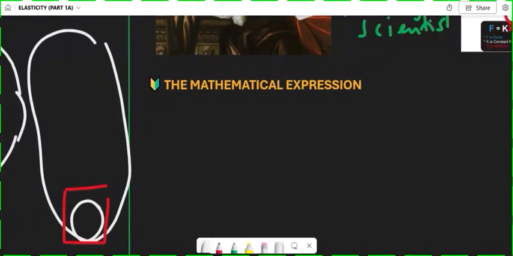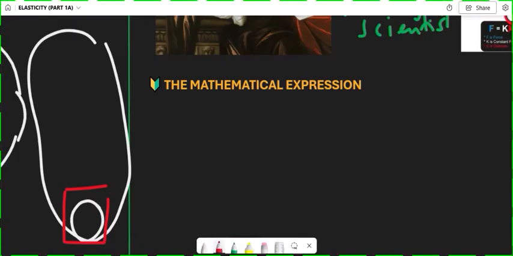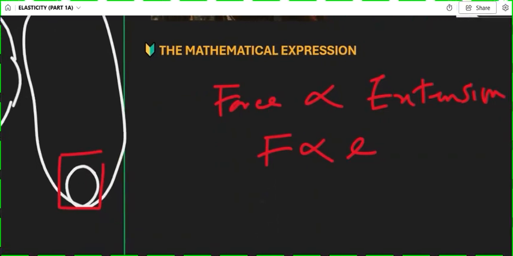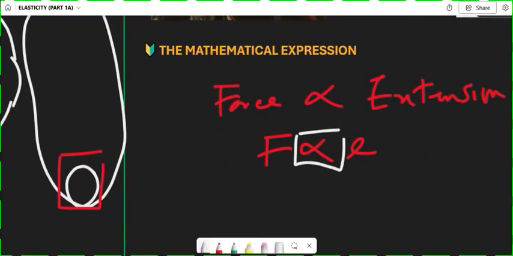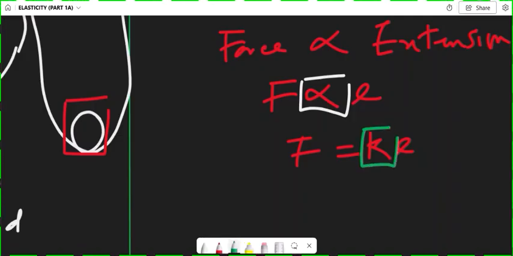Now let's see the mathematical expression of what Hooke is saying. He said if an elastic material has not exceeded its elastic limit, the force applied to the elastic material is directly proportional to its extension. So when they say directly proportional, it means you have F directly proportional to E. And this proportionality sign produces the constant K. Now the constant K here, please pay attention, is called the force constant.